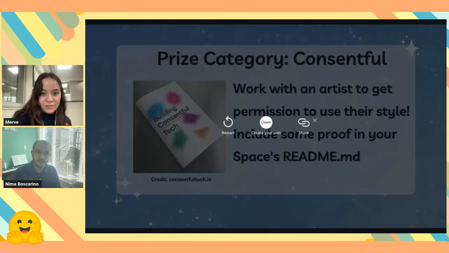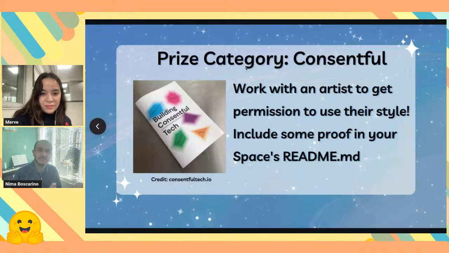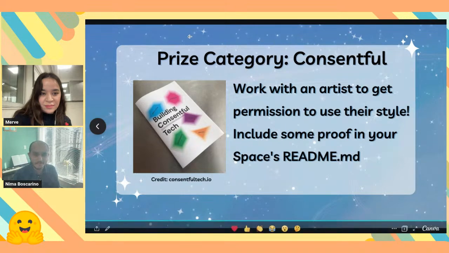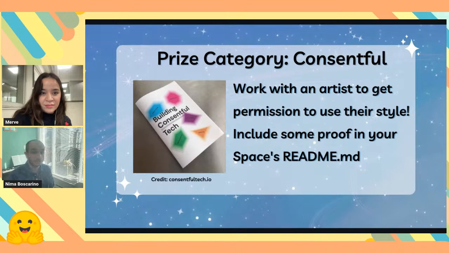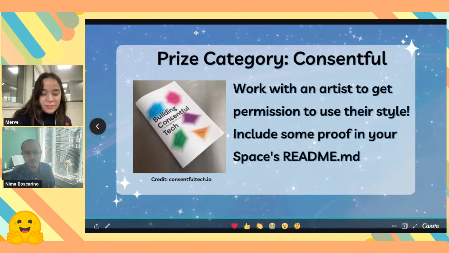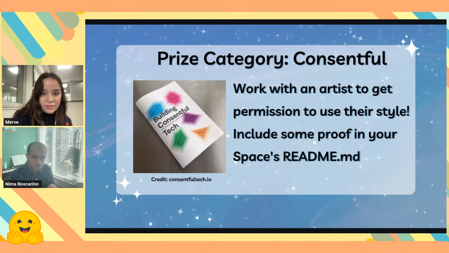For this particular category, all you have to do is reach out to an artist and get permission to use their style. Then, if you use their style or their art for your submission, make sure that you include proof in your Space's README file that links to something that proves the artist gave you permission or collaborated with you on it.